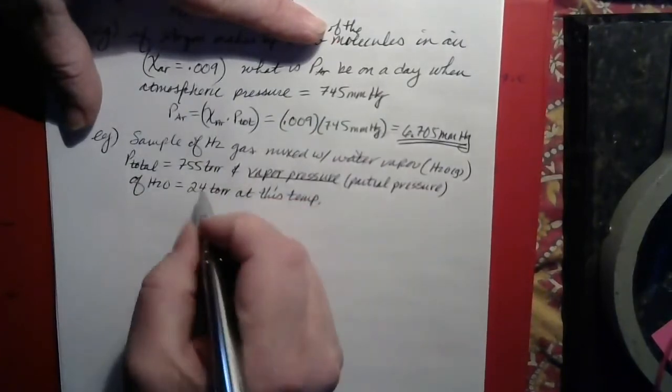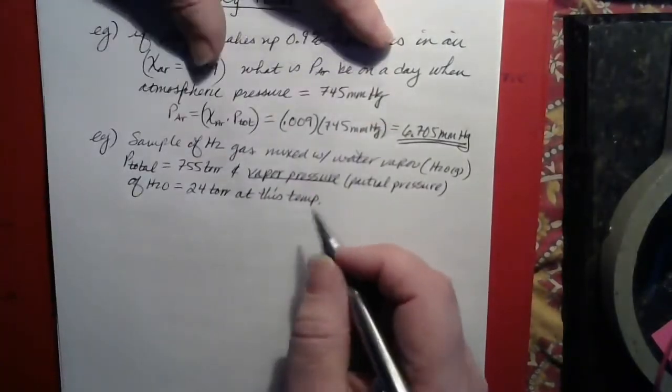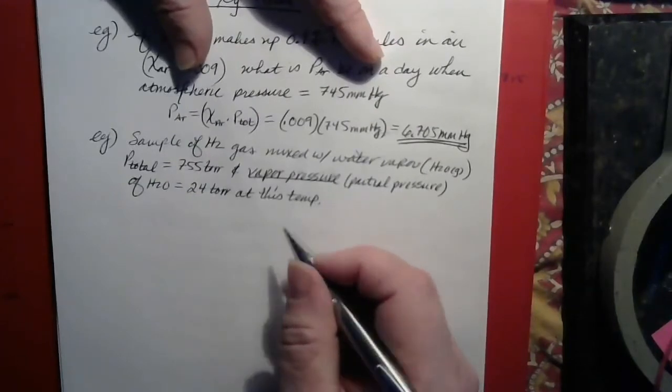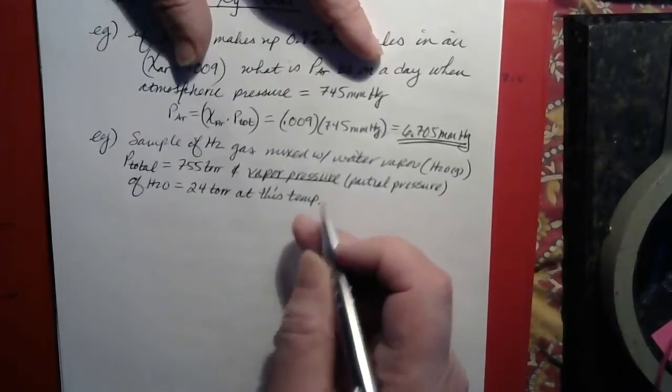The vapor pressure of water actually changes at various temperatures, and you can look it up in tables based on what the temperature is. So we'll say at this temperature, whatever the temperature happens to be, the vapor pressure of water is 24 torr.